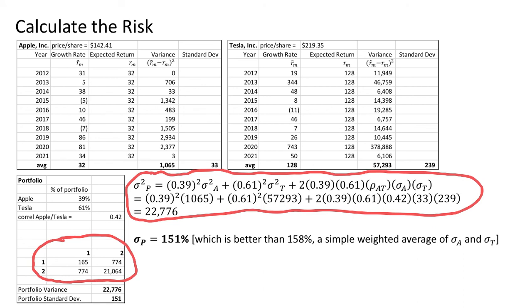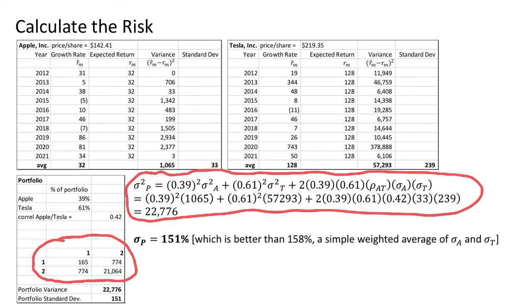That was the first of our variance numbers. The second of our variance numbers is the next number on the diagonal, 21,064. How did we calculate that? Look at the equation again. The variance of the portfolio equals that first piece we looked at, plus 61% squared times the variance of Tesla. The variance of Tesla, we know, is 57,293% squared.